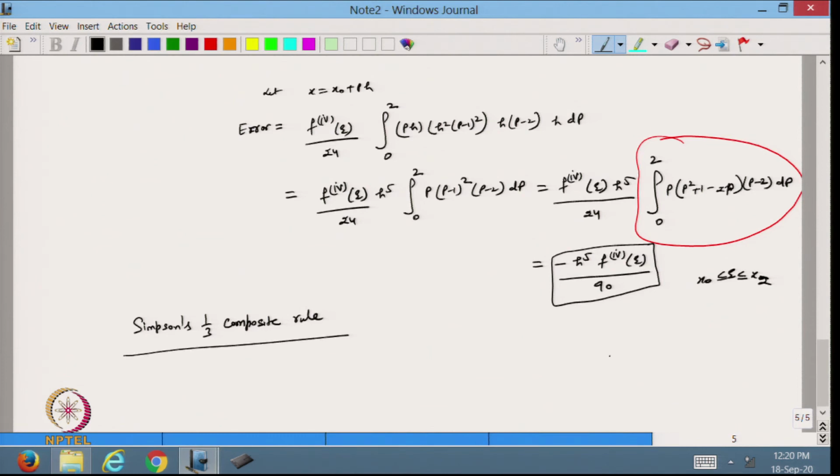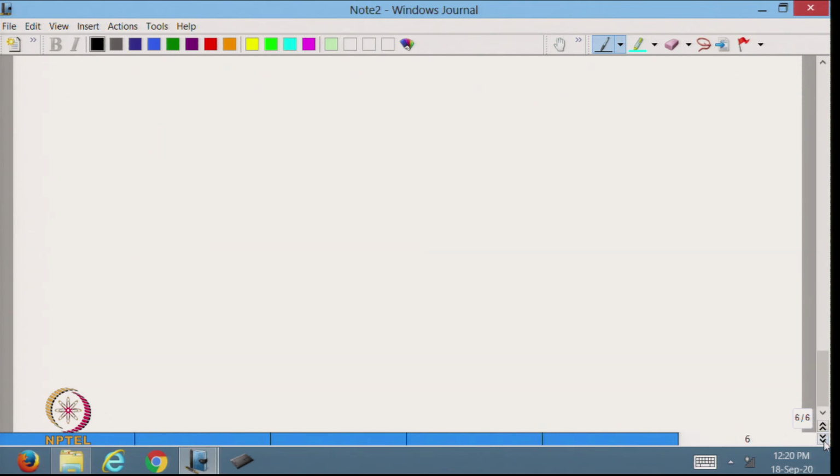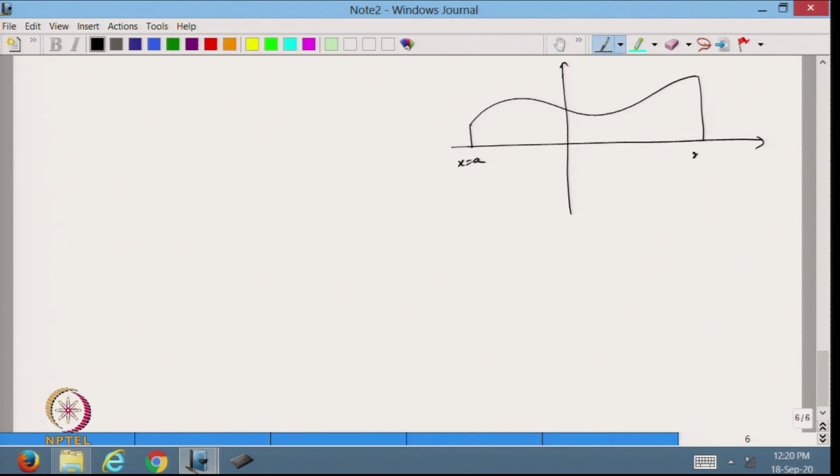In the composite formula, what we are going to do, let us do on the next page. I have the function. Suppose this is x is equal to a, and this is x is equal to b.